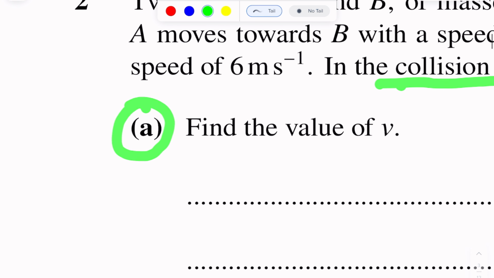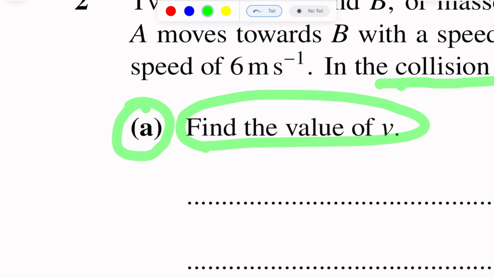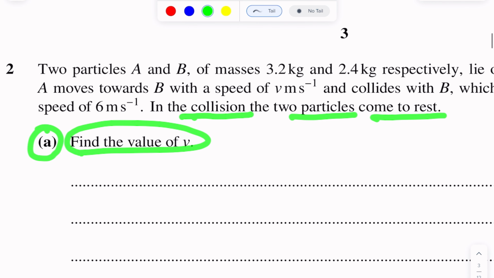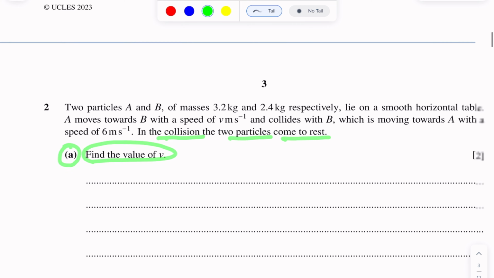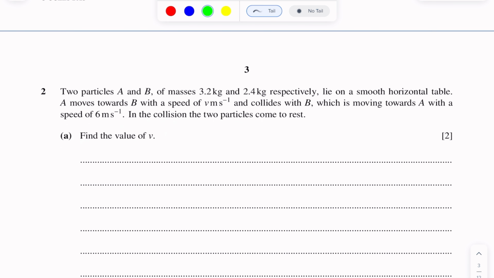Part A of this question is: find the value of V. We will use here the law of conservation of momentum. Both the particles are moving towards each other.